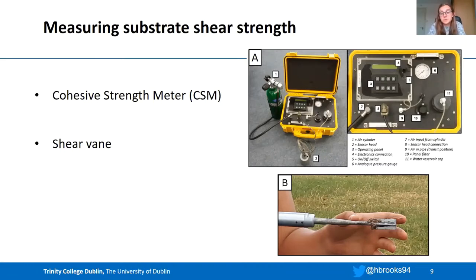We measure the change in turbidity of the water within that chamber over time, and when the turbidity reaches a critical threshold, we can equate that to the erosion threshold of the sediment. The shear vane on the bottom right is essentially a rod with paddles on the end, which we push vertically into the sediment. We twist it, and there'll come a point when the sediment fails. We can then measure the torque which was applied when the sediment fails, and this gives us an approximation of the undrained shear strength.